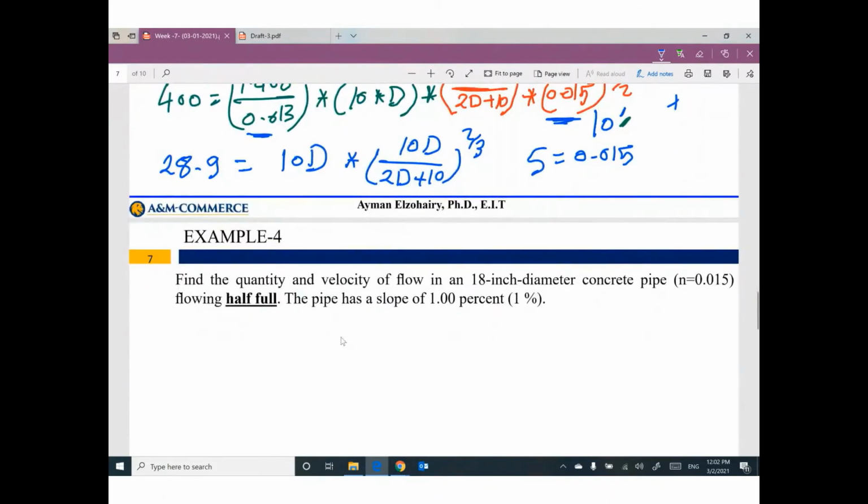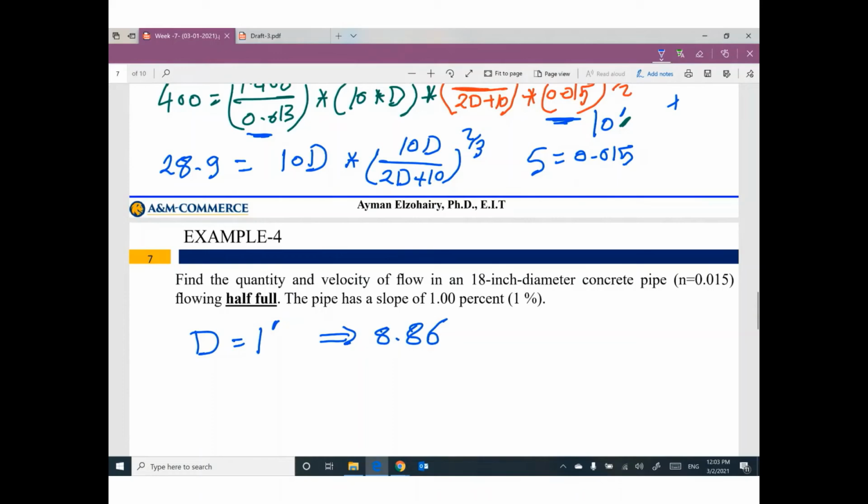Okay, let me solve it here. Let's try depth equal 1 foot. Go ahead and put D equal 1. So 10 times 1 divided by 12 to power 2/3 times 10. This value will give you 8.86.